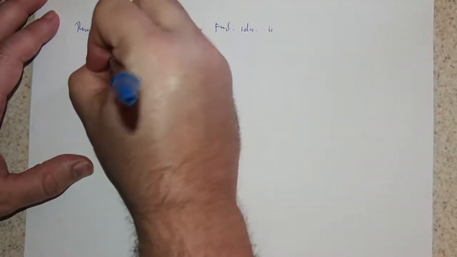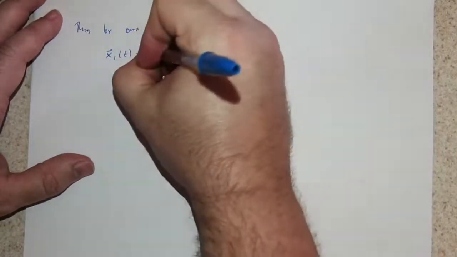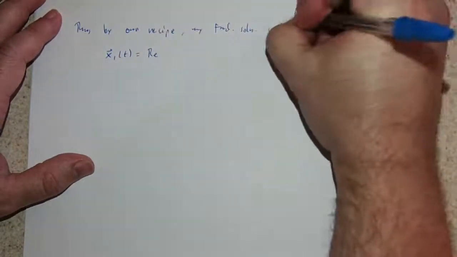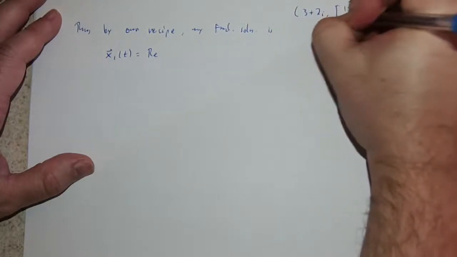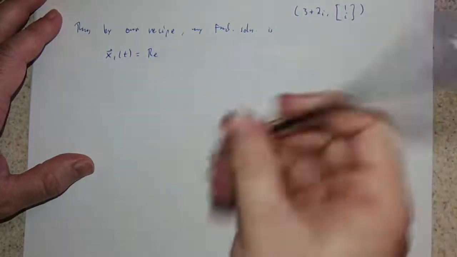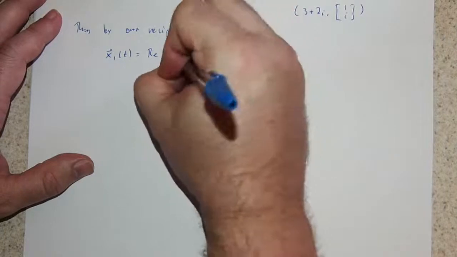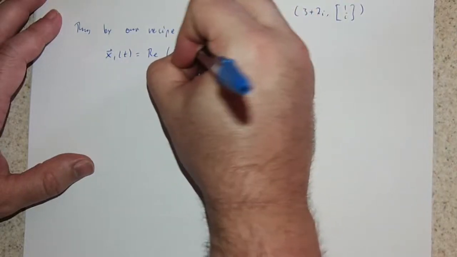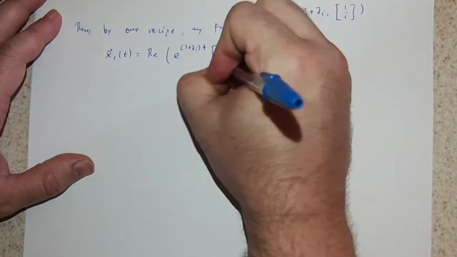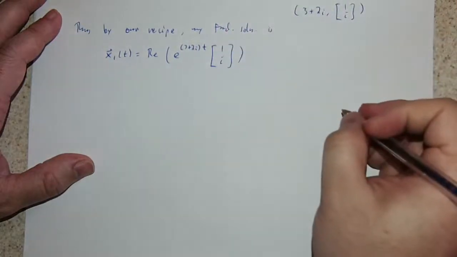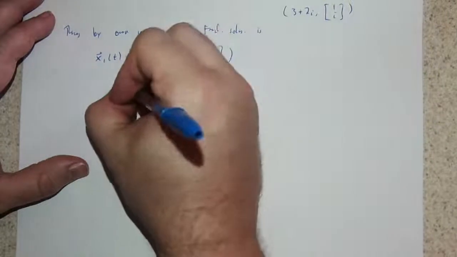This means that by our recipe, my fundamental solution set, I'm not going to check it this time, is x1 of t, which is the real part of, again, we're using the eigenpair 3 plus 2i and 1i. So this is the real part of e to the 3 plus 2i times t times the vector 1i. So what is this?